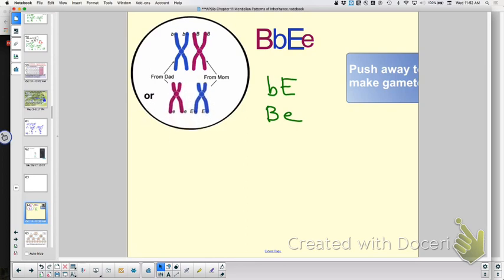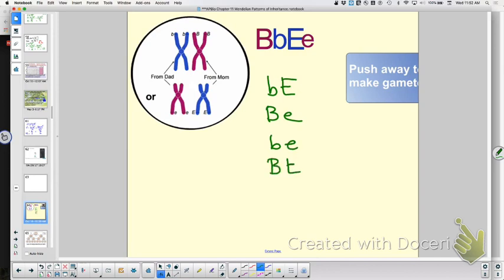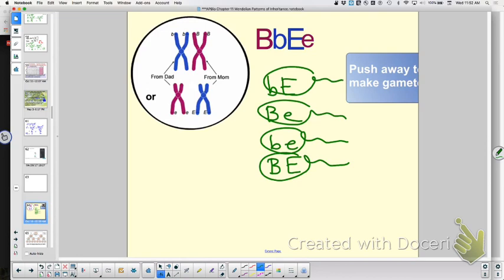So if they line up this way, what kind of gametes could we have had? Little b and little e, or big B and big E. So if these were sperm, these are all the possible sperm you could have from this individual's genotype. Are you all right with that?